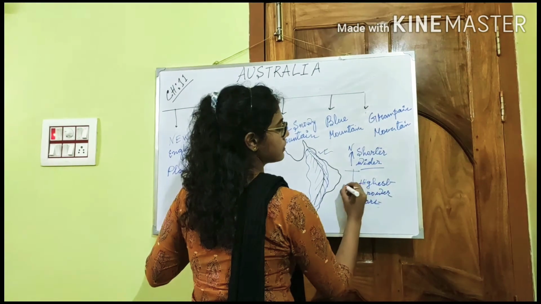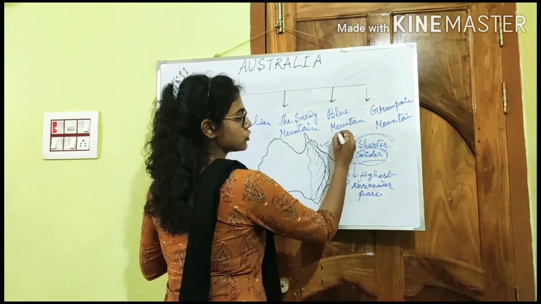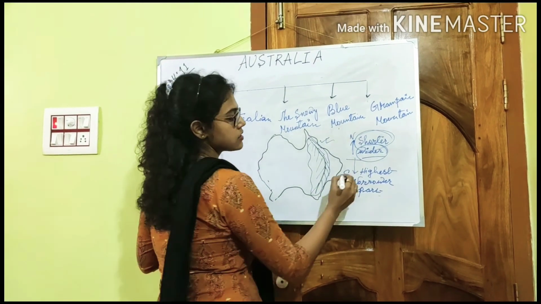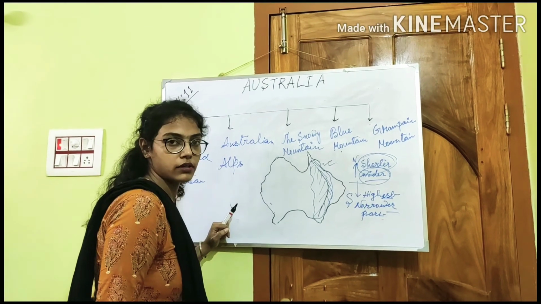The northern part is short but wider. The southern part is the highest and narrower part.